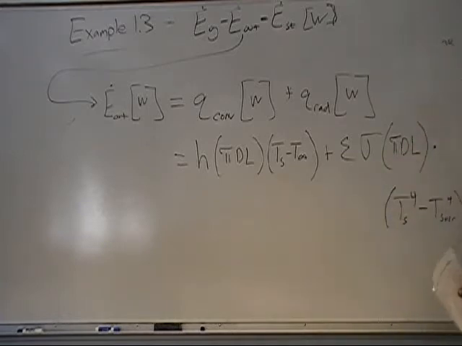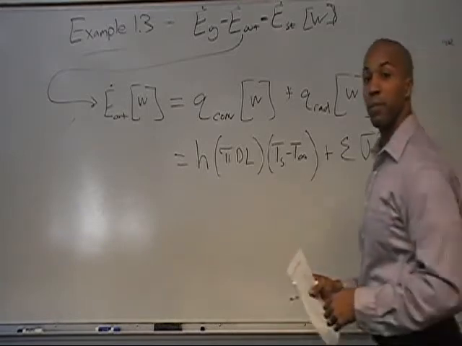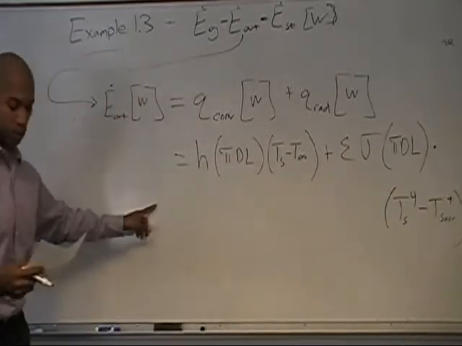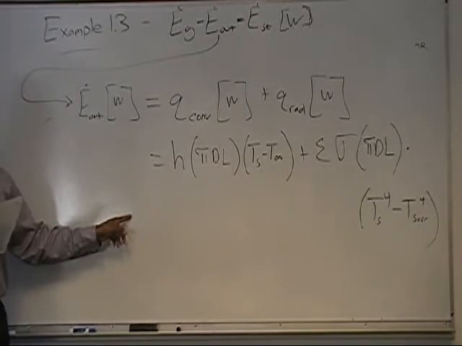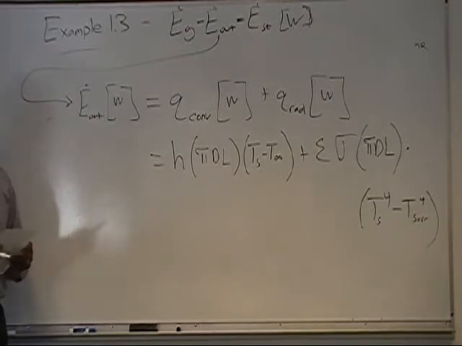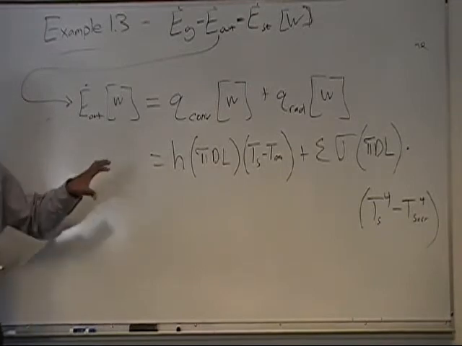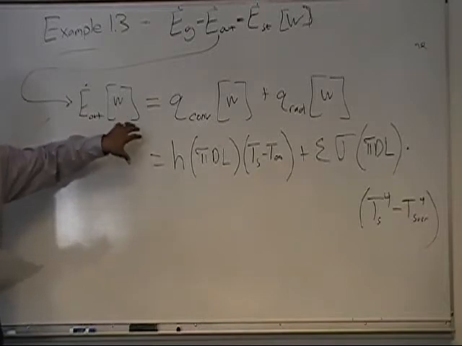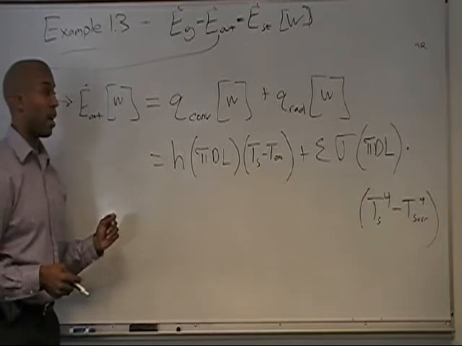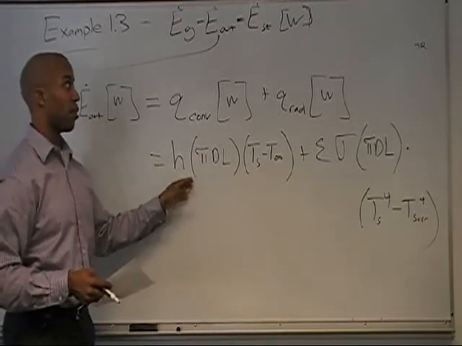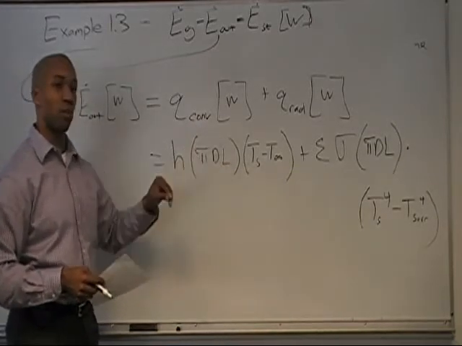So this is what our E out equals. And all we did was we took our rate equations and equated E out to that. Basically when we put all this together, E out will be replaced by these two rate equations.